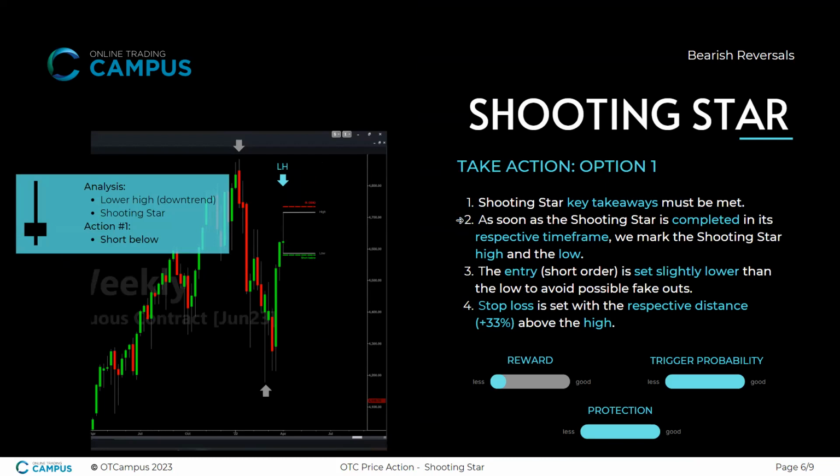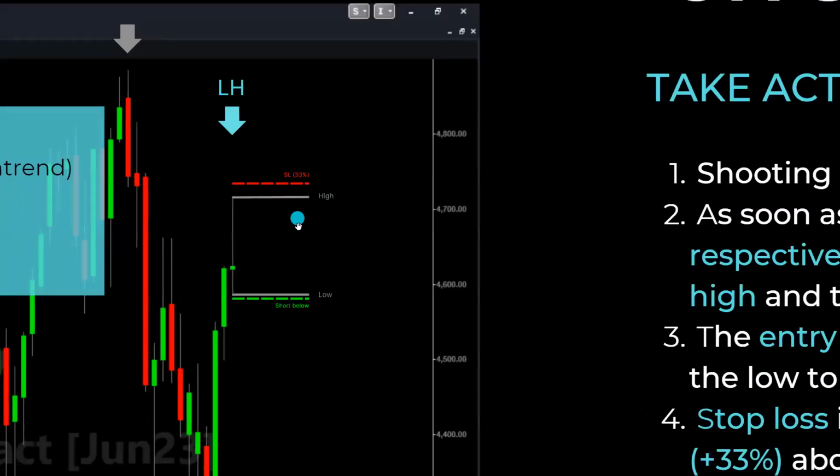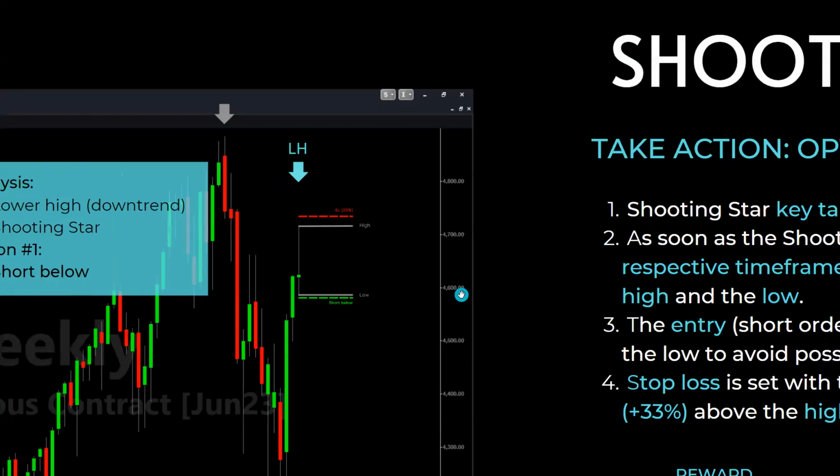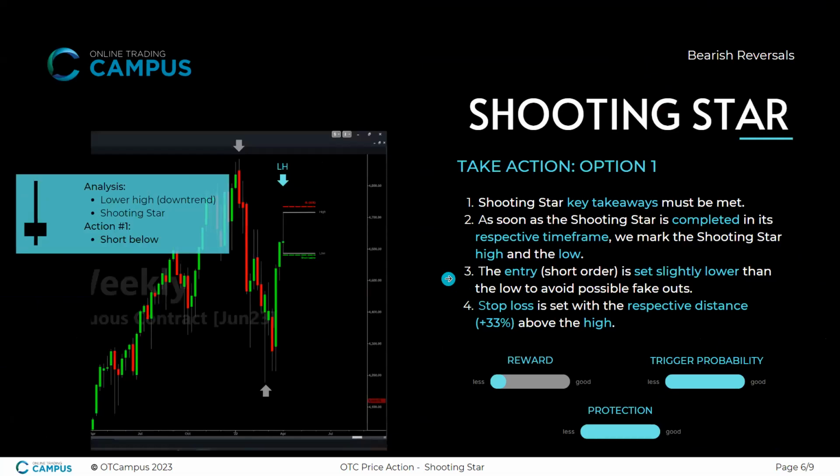As soon as the shooting star is completed in its respective time frame, we mark the shooting star high and the low. This is a high, guys, here, and this is a low. Number 3, the entry: the short order for a bearish reversal is set slightly lower than the low to avoid possible fake outs.